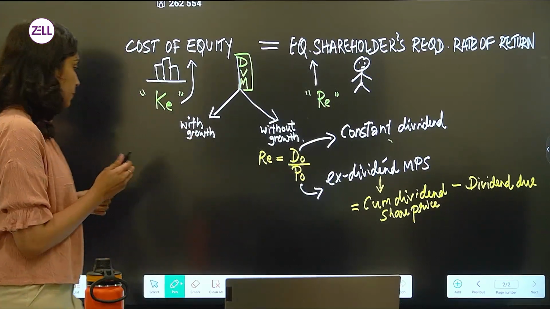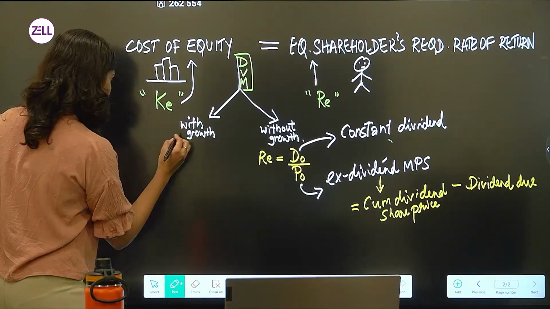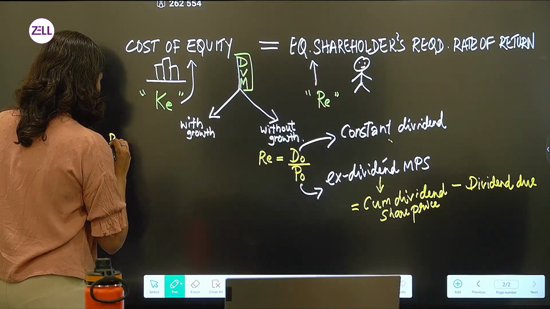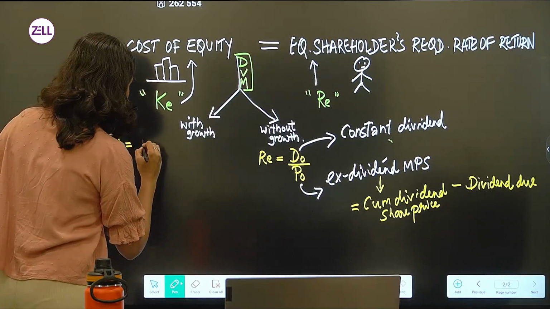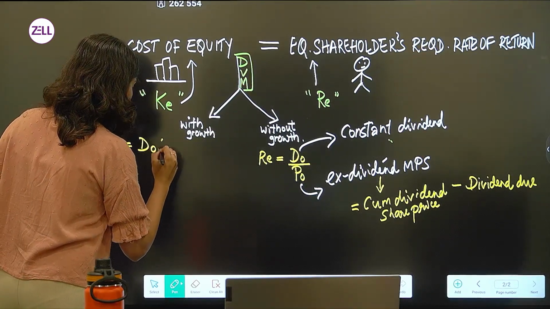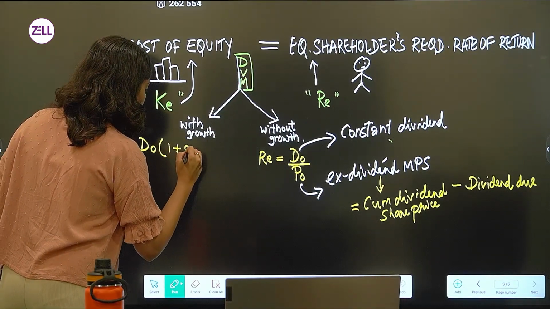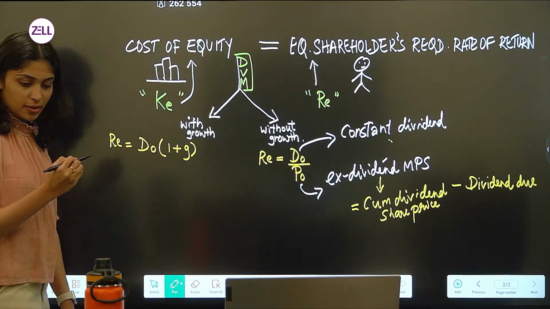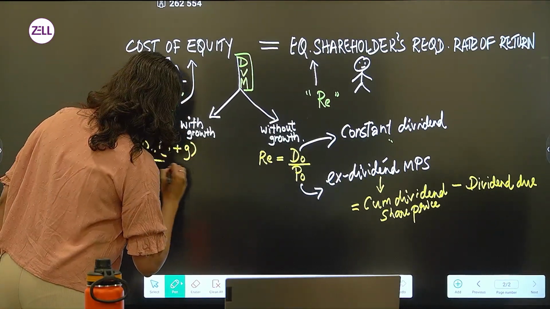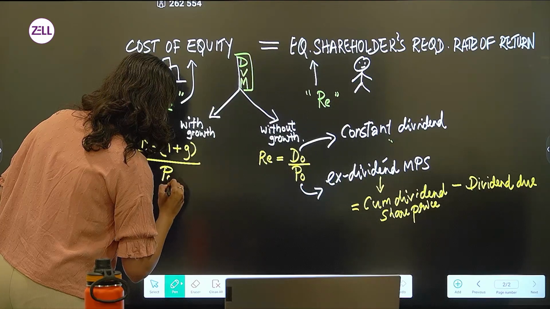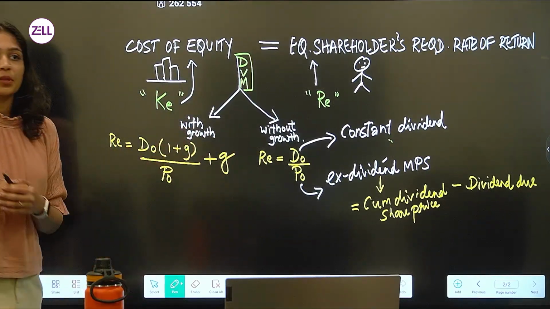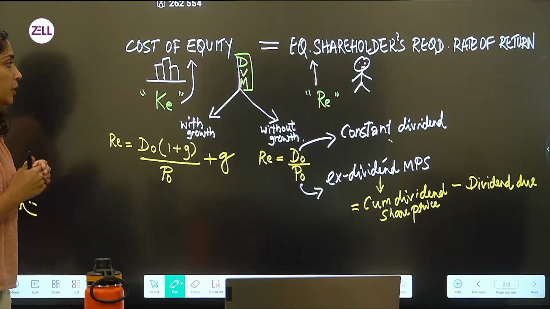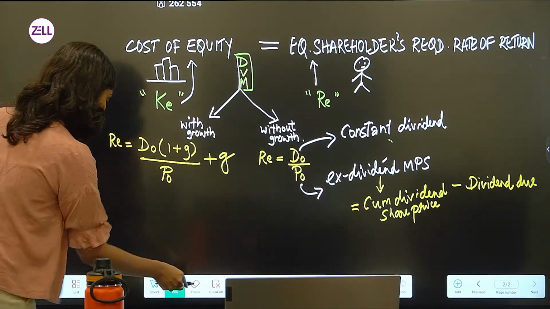It is RE is equal to D0 into 1 plus G divided by P0 plus G. Alright.